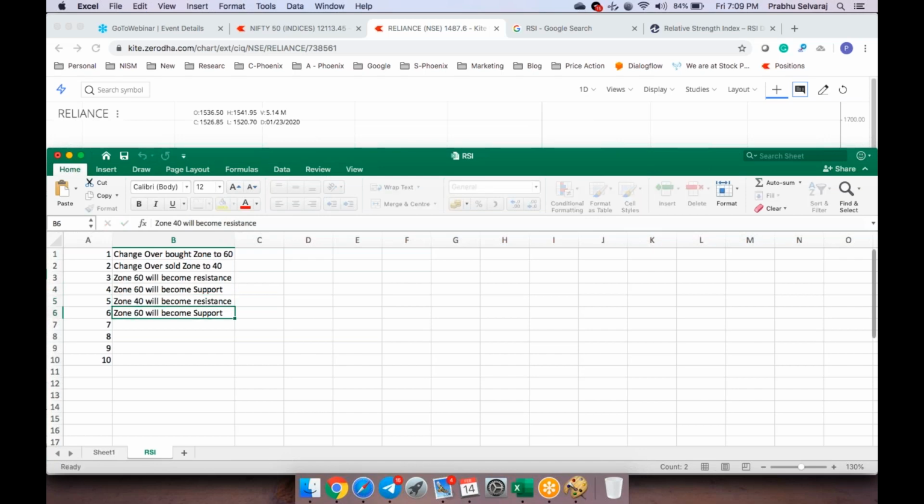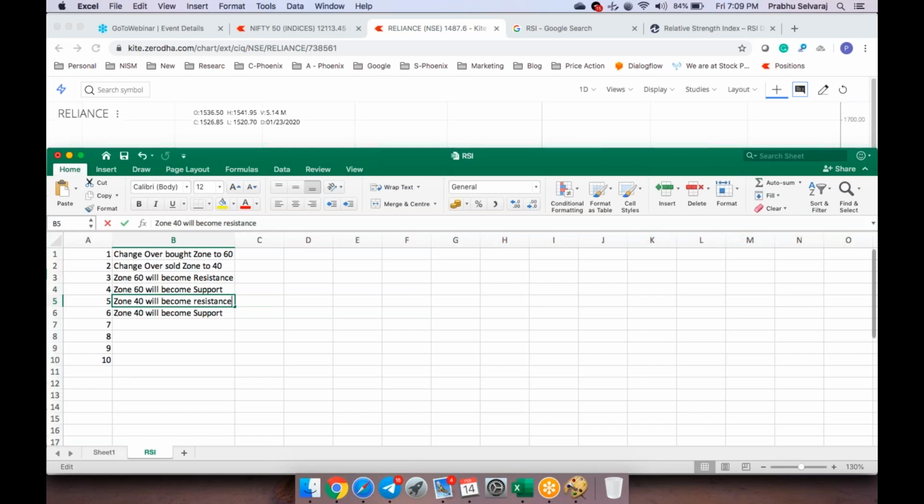Zone 40 will become resistance. Zone 40 will become support. Okay. So what is this support and resistance?